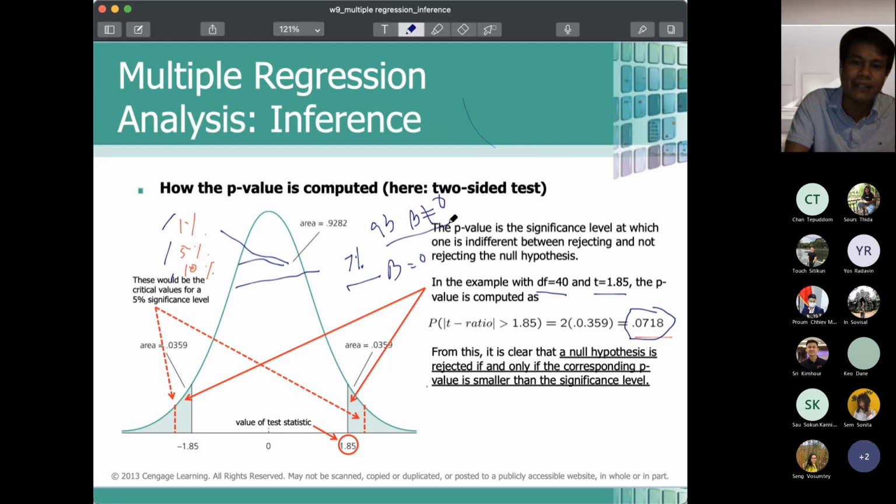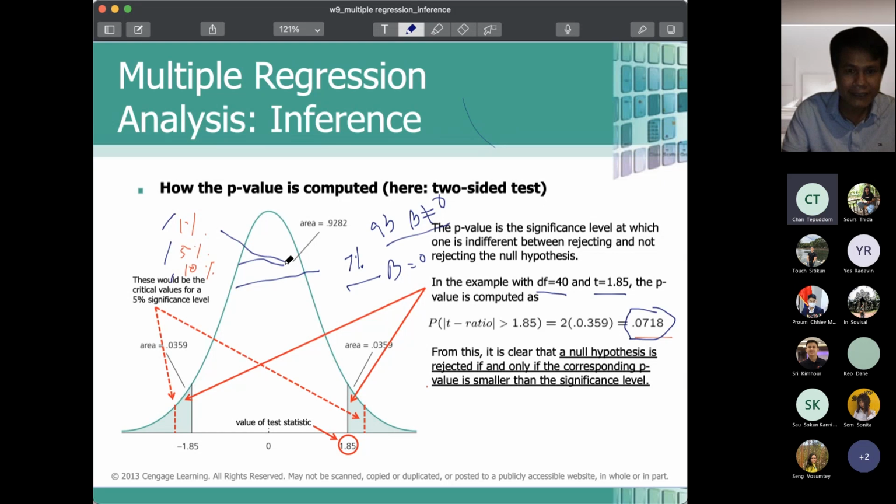So you have 93% that beta is different from 0. If you use a 10% significance level, I say error because I want to make it easier to understand. So at 10% you allow the probability that beta equals 0 to be only 10%. But here it's actually 7%, below your acceptance rate. So you reject the null hypothesis at 10%.